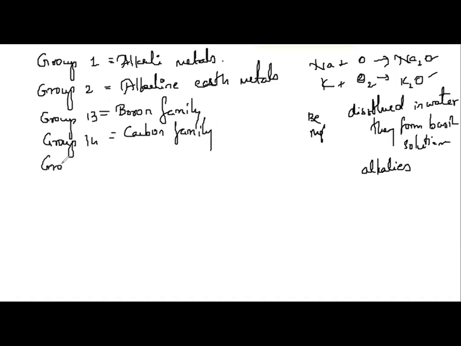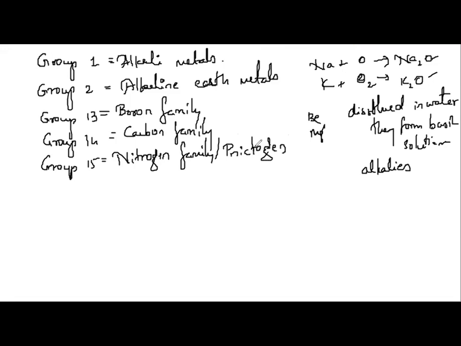Group 15, the first element is nitrogen, so they are called the nitrogen family. Or they are also called pnictogens. Gen stands for producing, pnictogens, because of a property of nitrogen.